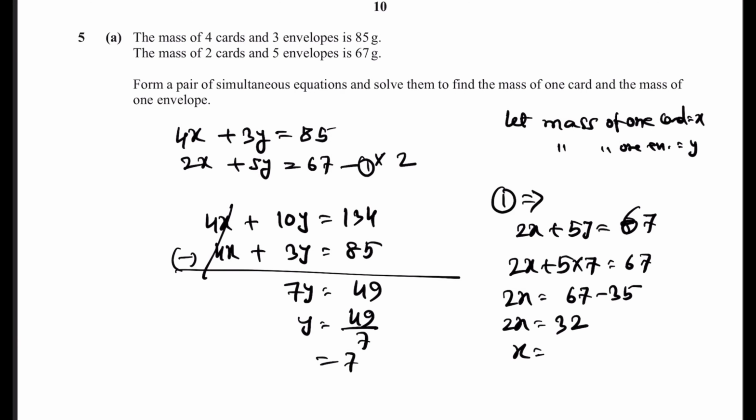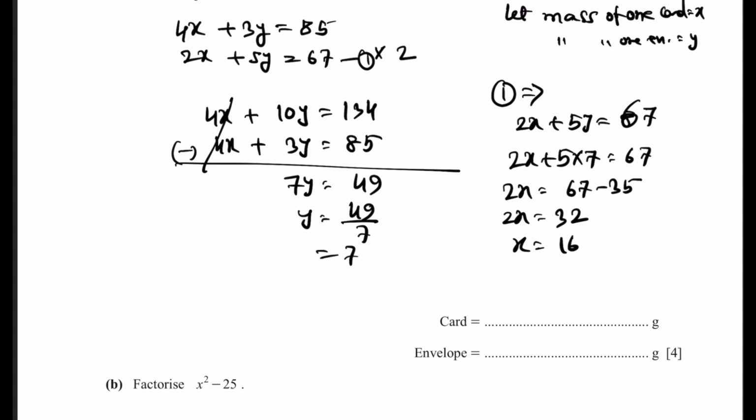So x equals 16. The mass of one card is 16 grams, and the mass of one envelope is 7 grams.